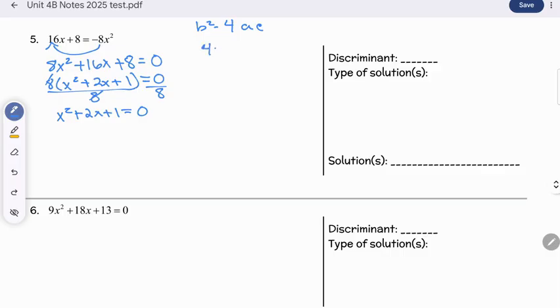So that's 4 minus 4 times 1 times 1. That is 0. All right, so I'm going to have one real rational root or solution.